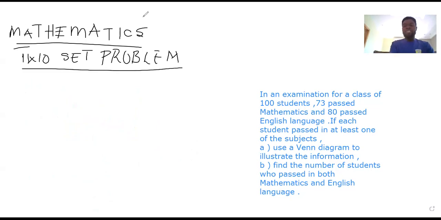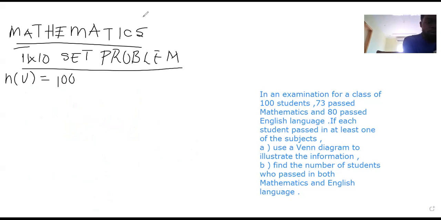Good. So in an examination for 100 students, meaning the number of students who took part in the exam, that is 100, right? So the number of students is equal to 100. And then 73 passed mathematics.